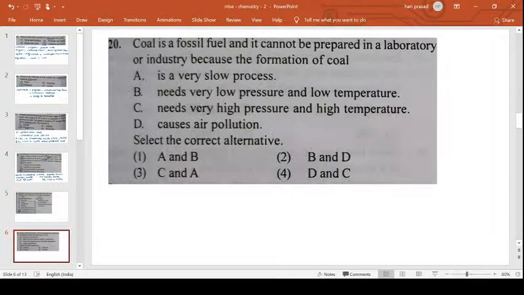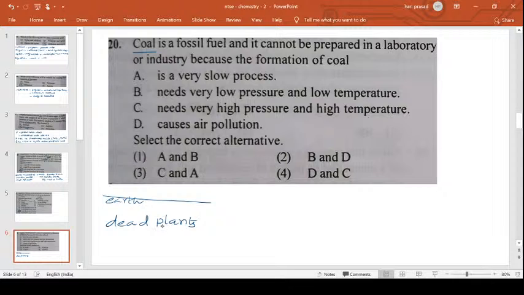Coal is a fossil fuel. How this coal is formed, how this coal is produced, we will see. Now we will consider dead plants and dead animals, all the living things, which are buried under earth.